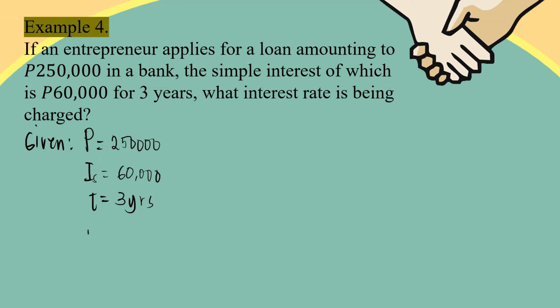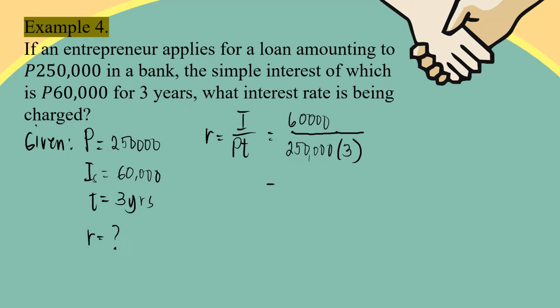Ang hinahanap ay yung interest rate, yung R. Then formula for R is equal to interest divided by principal times time. Ang interest natin ay 60,000 pesos over ang principal ay 250,000 pesos times time. Ang time natin ay 3 years, times 3.